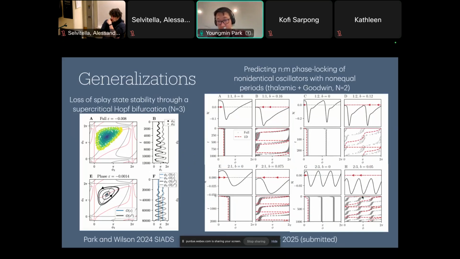And I understand I'm not explaining these figures very well, but I just want to move forward. But yeah, I'm just remarking also that I did look at heterogeneity in this case. So not only do we have non-weak coupling, but now we have n-to-m coupling with heterogeneity. So now we can really start to understand heterogeneous coupled oscillators that show up in nature.